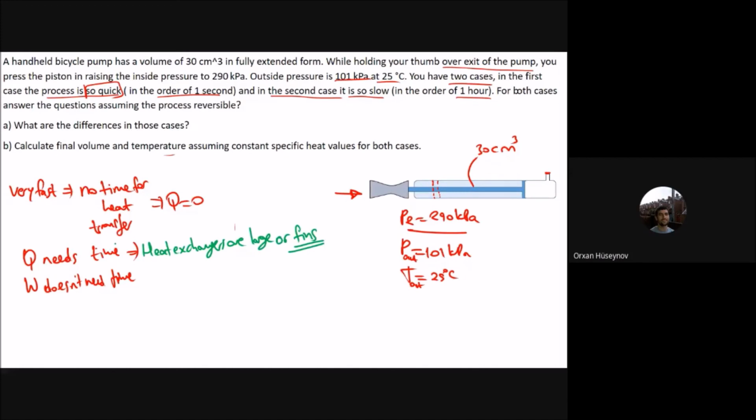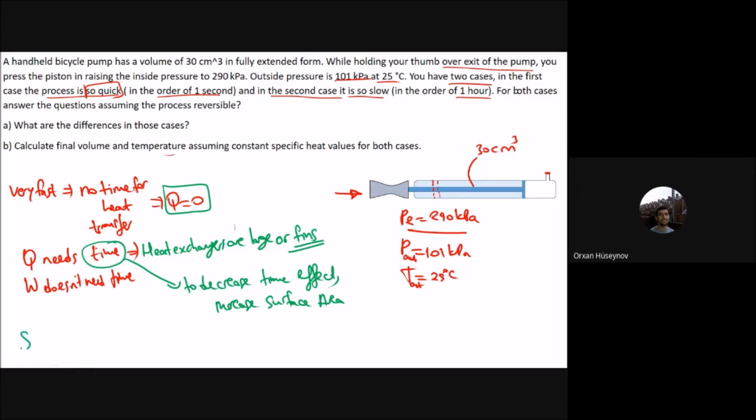To decrease the time effect, what you are doing is increasing the surface area. That is the reason that Q needs time. So similarly here, if the process is very fast, then there is not enough time for the heat transfer, and the Q becomes 0.